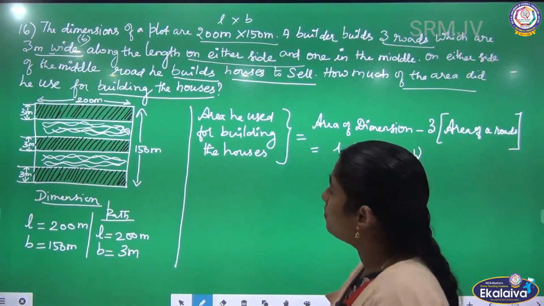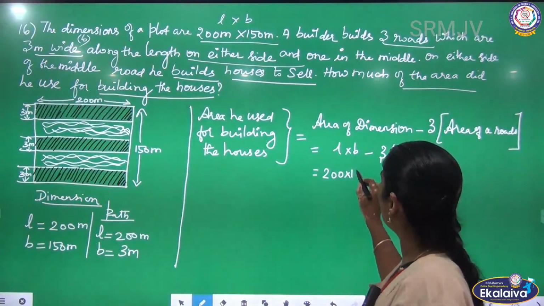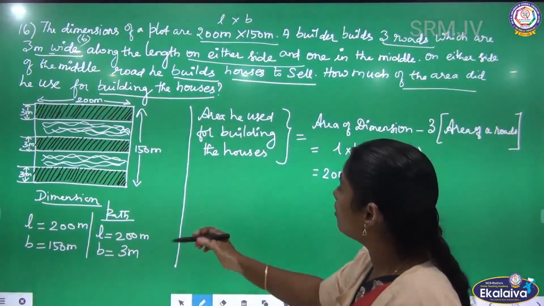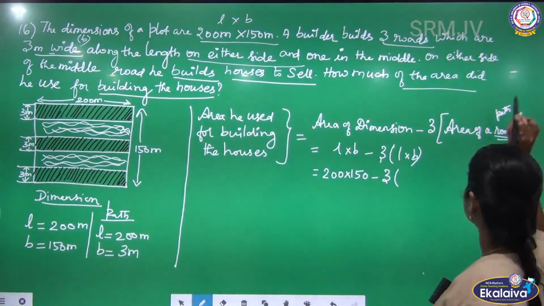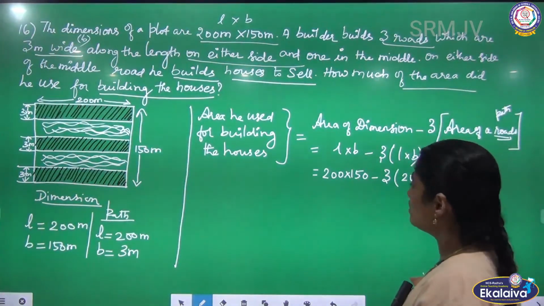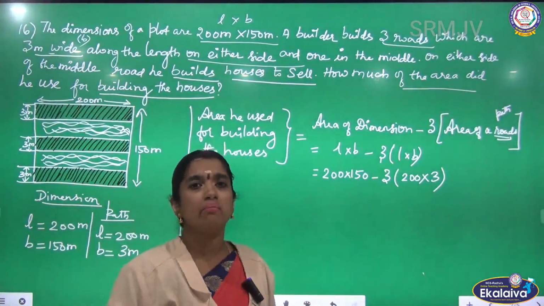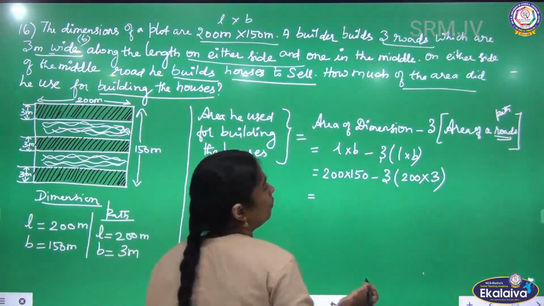Now listen, length into breadth minus 3 into length into breadth. What is the dimension, length and breadth, which is given? 200 into 150 minus 3 into, what is the area of a path? The road is a path. So that is 200 into 3. Got it? Now multiply 200 into 150.